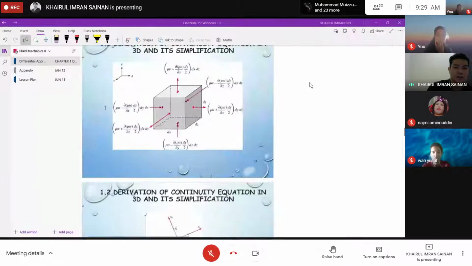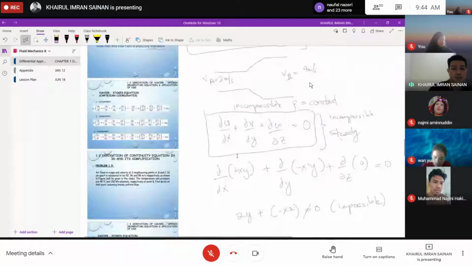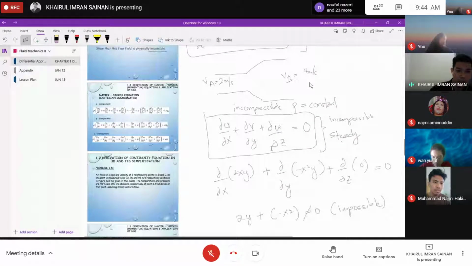Even though the equation that I gave you is the acceleration field, inside the acceleration field you have the velocity field, del u over del x, del u over del y, remember? Those are the velocity field. Chapter 1.2 is the continuity equation. All right. So next we go to the next subchapter.